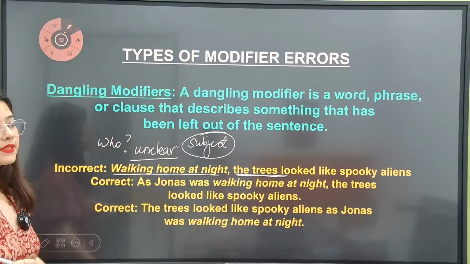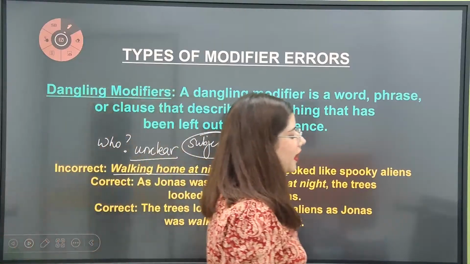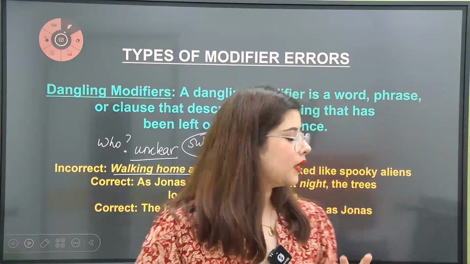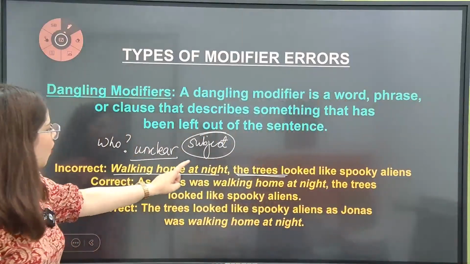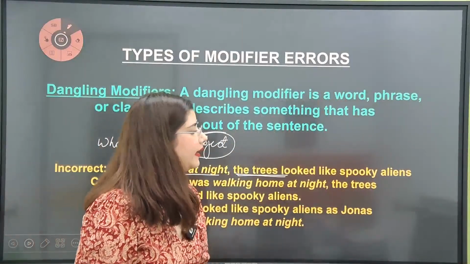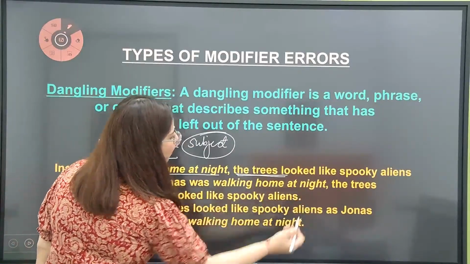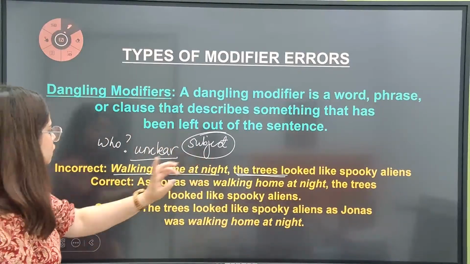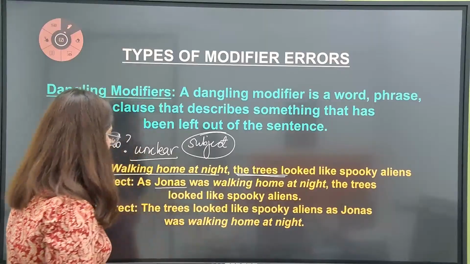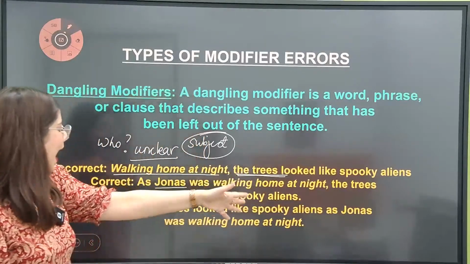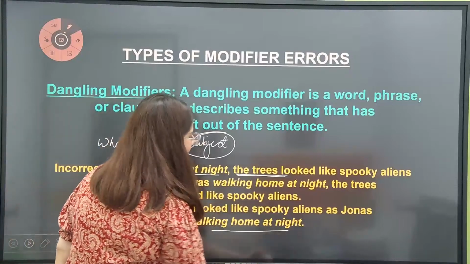So, we need to introduce a subject. Most of the times, in case of a dangling modifier error, we need to introduce a subject. So, walking home at night, the trees looked like spooky aliens. As Jonas was walking home at night, the trees looked like spooky aliens, or the trees looked like spooky aliens as Jonas was walking home at night.